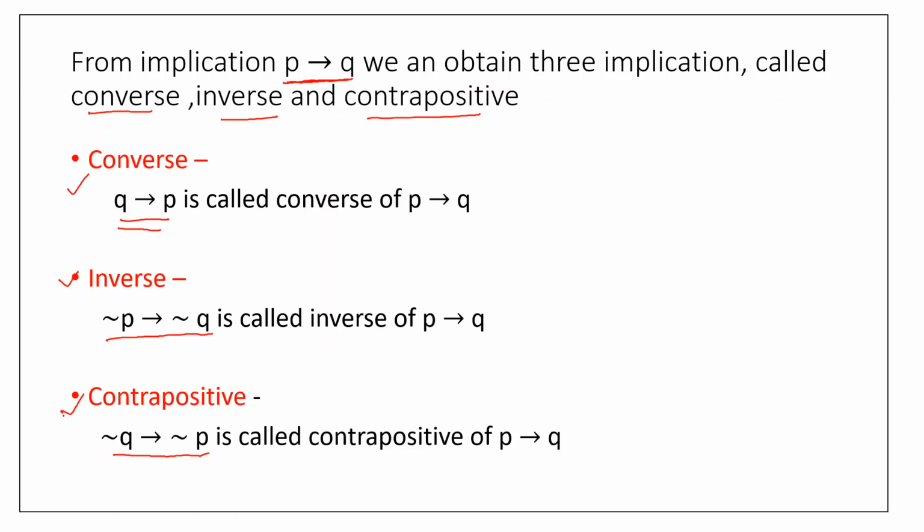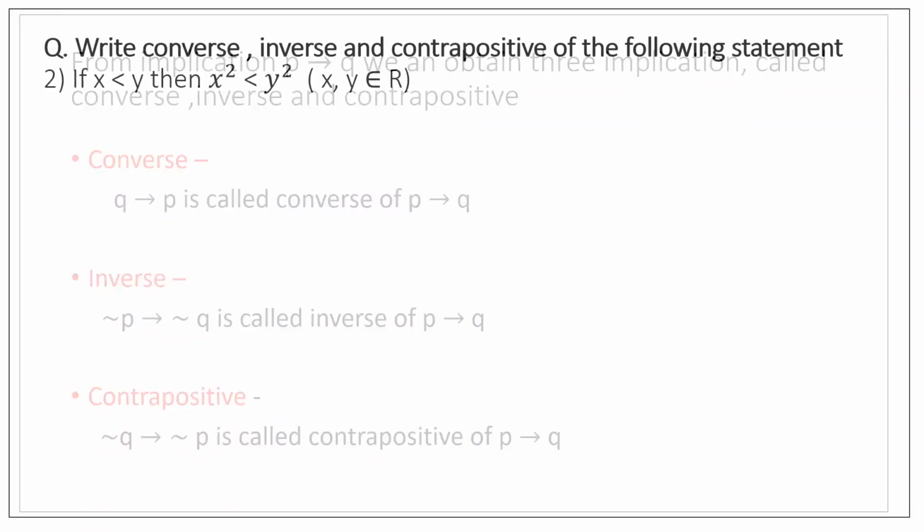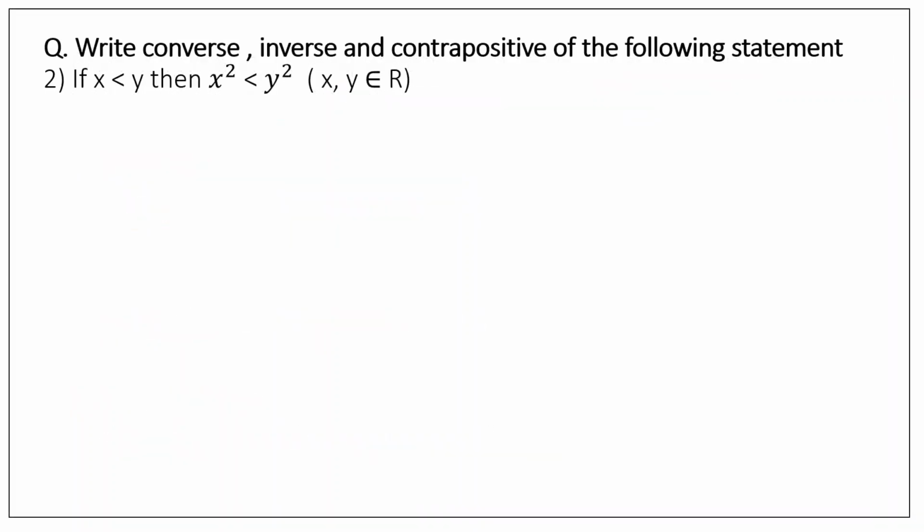Okay, so what will be the example? Next, write converse, inverse and contrapositive of the following statement. What will be the P statement? X is less than Y. Q statement, X square is less than Y square.